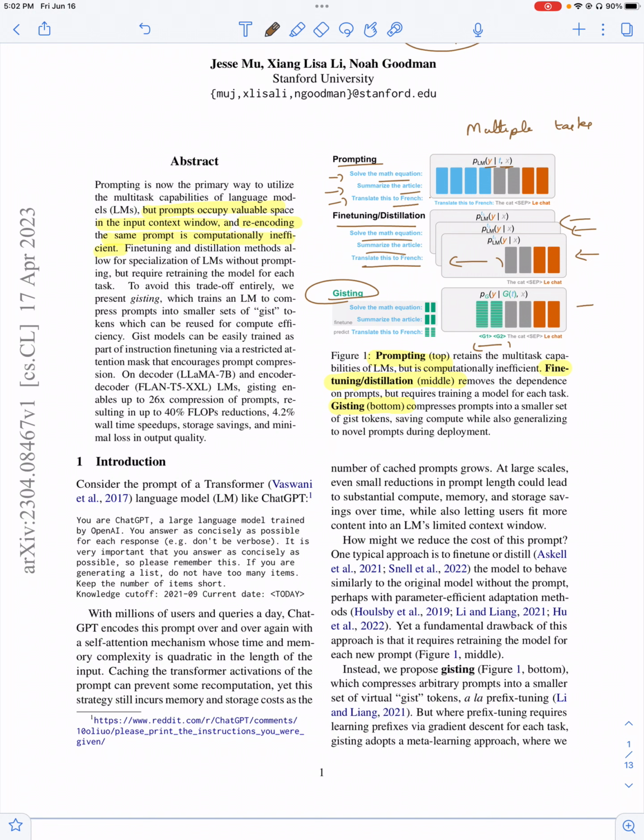So you want to retain the ability of the language model to handle multiple tasks. But now you are just going to inference using these gist tokens, right? So thereby you're basically saving the number of tokens in your prompt, and essentially you're going to make inference faster because now your sequence length gets reduced and attention, which is quadratic in the sequence length, will be computed faster.